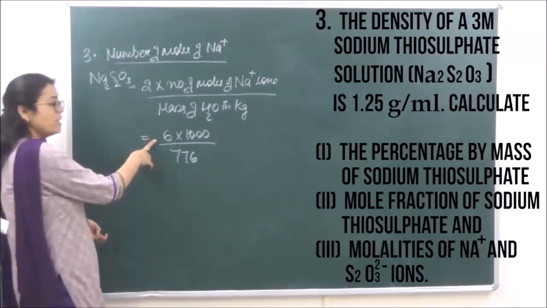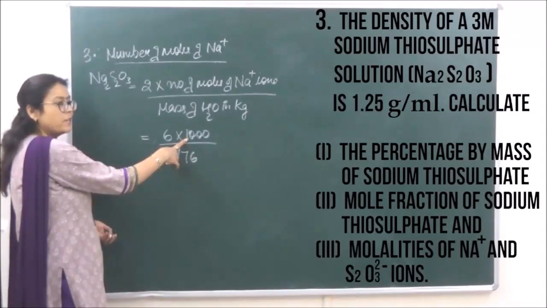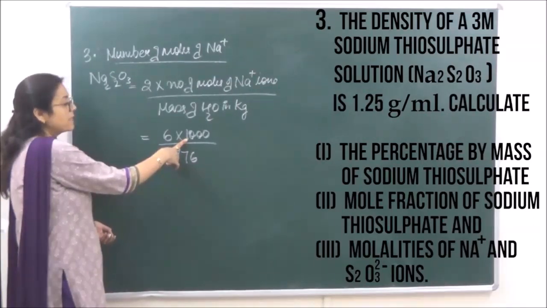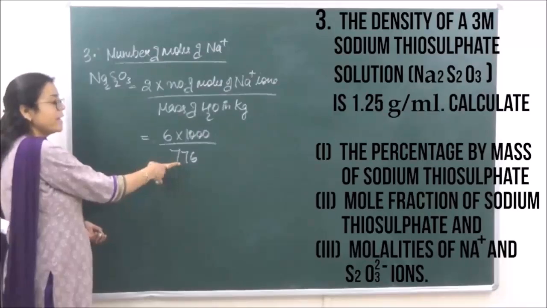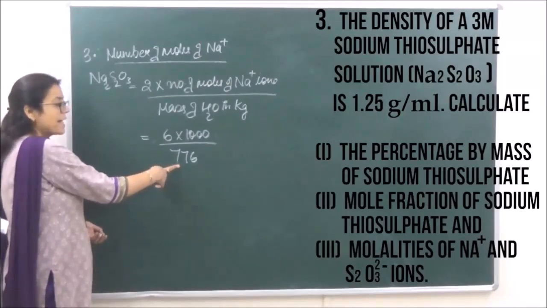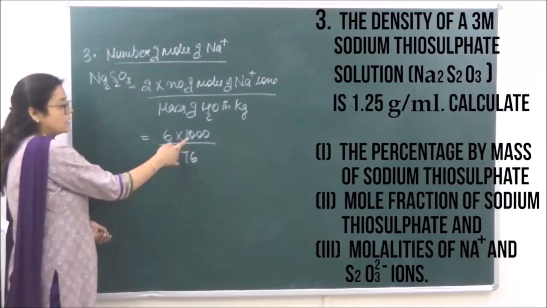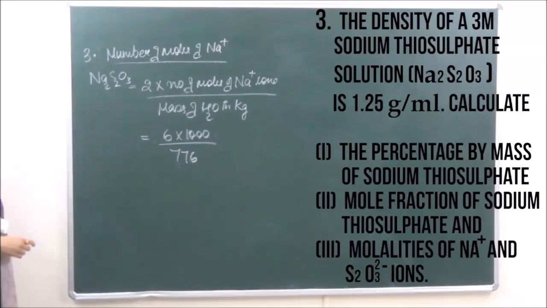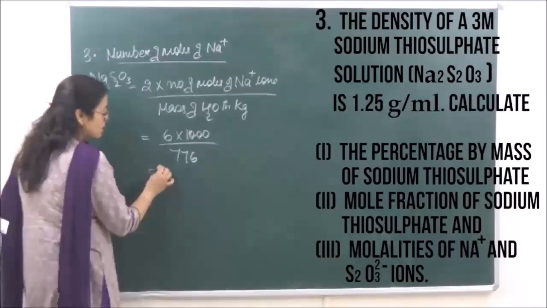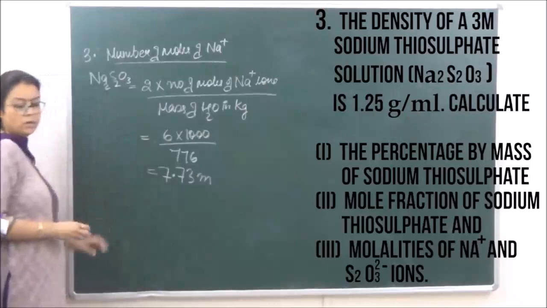So 2 into 3 is 6, and we have to convert the grams into kg, so the 776 grams is converted by multiplying with 1000. So 6 into 1000 upon 776 comes equal to 7.73 molar.